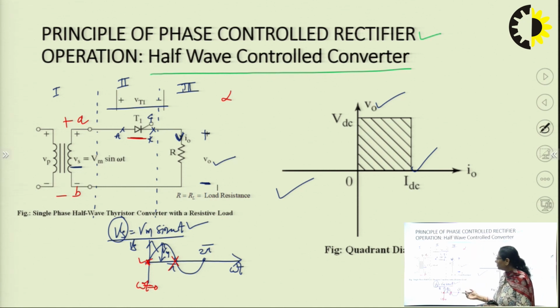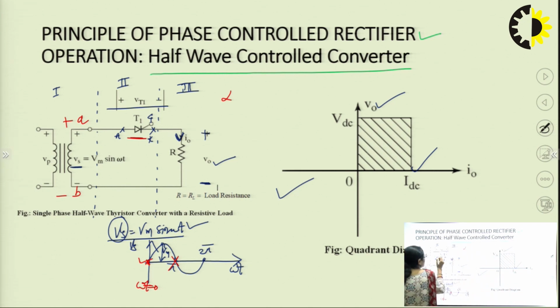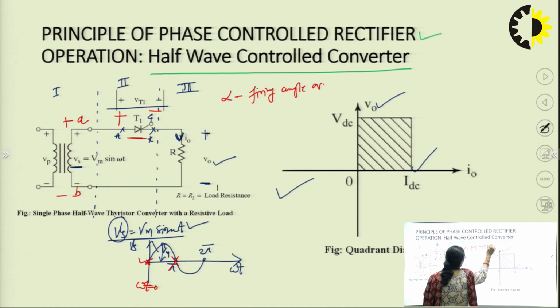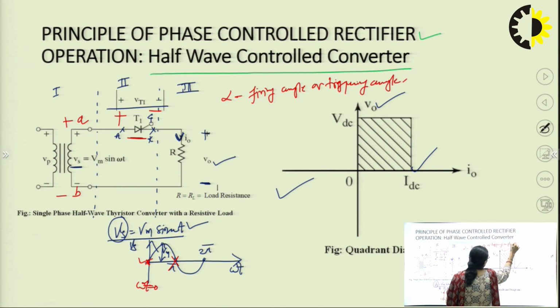So, what you can see here is that just after omega t equals 0, that is after the positive zero crossing of the supply voltage, thyristor T1 would be forward biased, meaning the anode is at positive potential with respect to the cathode. After a certain delay angle alpha, where alpha is the firing angle or triggering angle of the SCR, we will trigger thyristor T1.